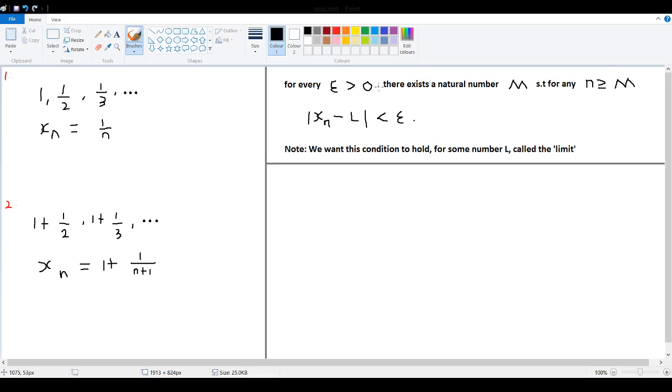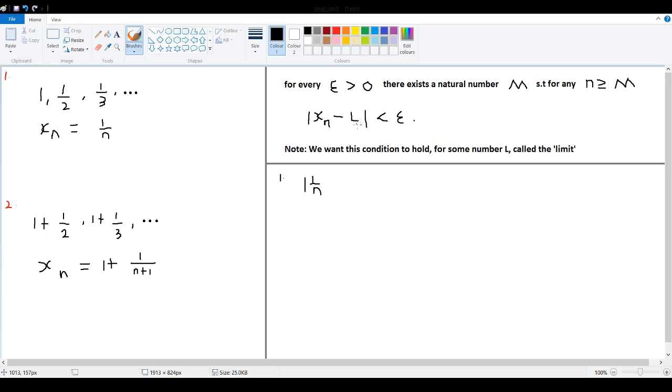So let's go through an example to make this clearer. Let's do number 1. We said 0 might be a good try because the terms are getting smaller and smaller in the sequence. Let's try 0. So what would we get? We would get absolute value of 1 over n.